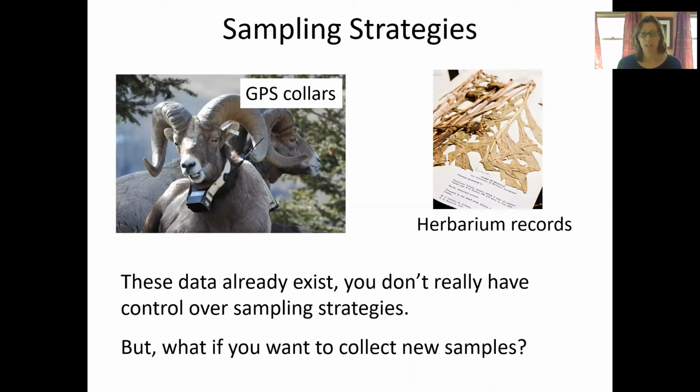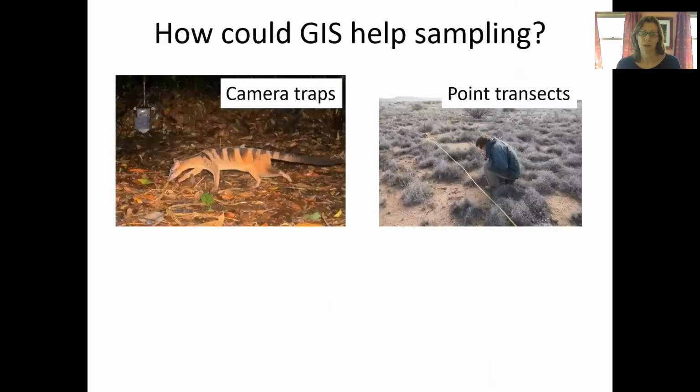But you may at some point decide, oh, actually, I need to learn something about the habitat of this animal, or I'm trying to understand something about where this plant distribution exists, and you actually need to go out and collect some samples to inform that.